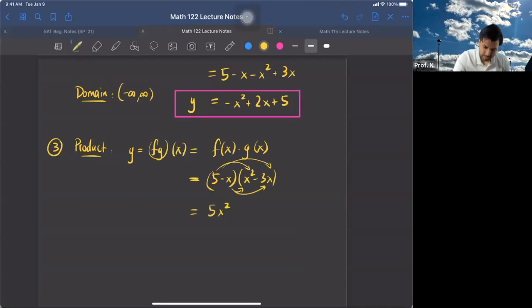We get 5x squared, pardon me, minus 15x minus x cubed plus 3x squared. Write it using the highest power first: negative x cubed, and then you have plus 8x squared minus 15x. That's going to be f g of x. Done.